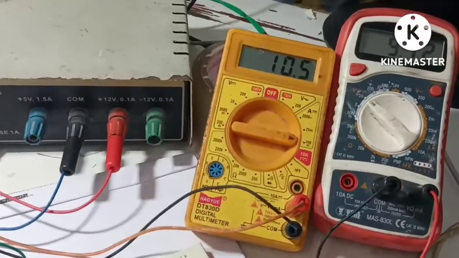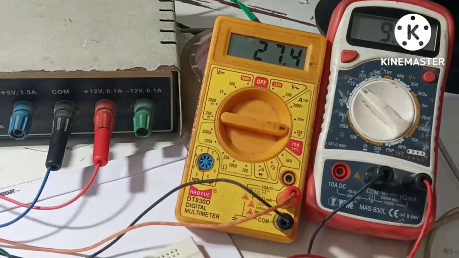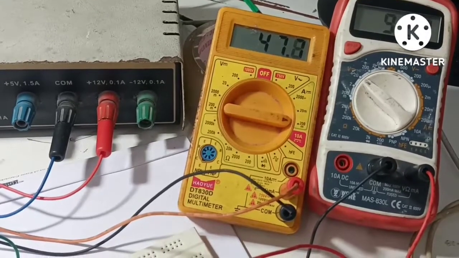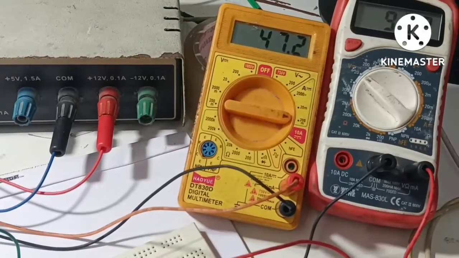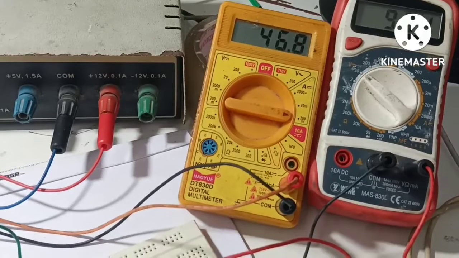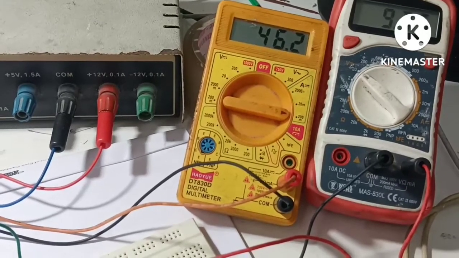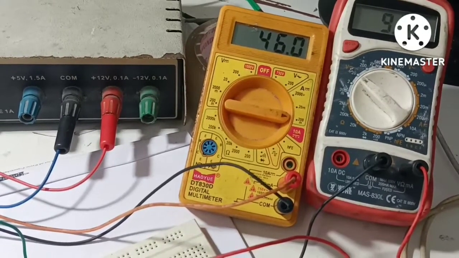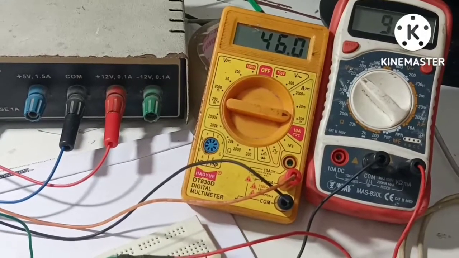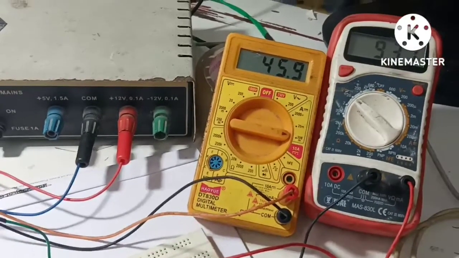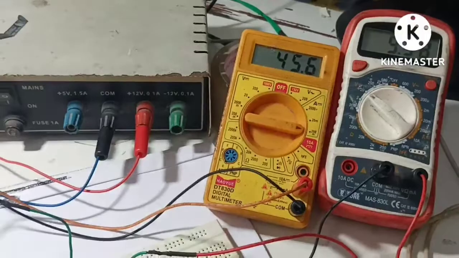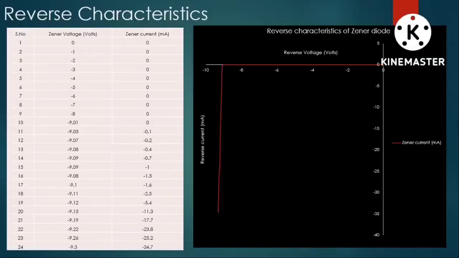So this is how we can study the reverse characteristics of a Zener diode. Since our Zener diode's voltage was 9.1 volts, the current started to increase through the Zener diode when the voltage across it crossed 9.1 volts.